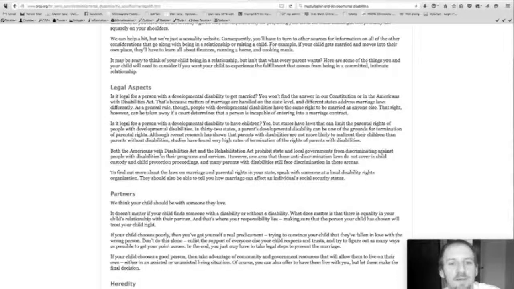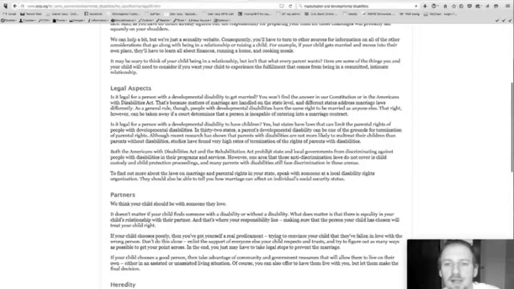Both the Americans with Disabilities Act and the Rehabilitation Act prohibit state and local government from discriminating against people with disabilities in their programs and services. However, one area that these anti-discrimination laws do not cover is child custody and child protection proceedings. And many parents with disabilities still face discrimination in these arenas.